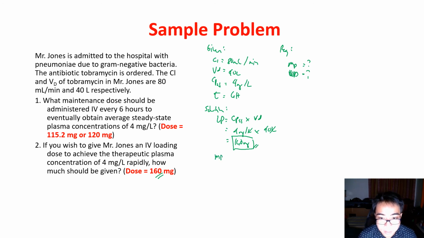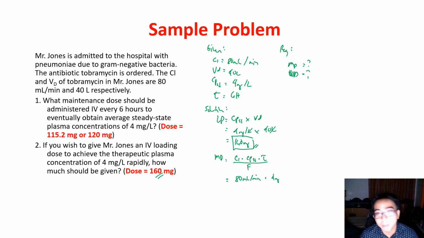What about the maintenance dose? Maintenance dose, ang sabi natin, that's clearance times CPSS times tau over bioavailability. Now, since ang gamot natin is IV, obviously, ang bioavailability ko will be equal to 1. So, kahit hindi ko na isulat. So, anyway, ang clearance natin would be 80 ml per minute times 4 milligrams.